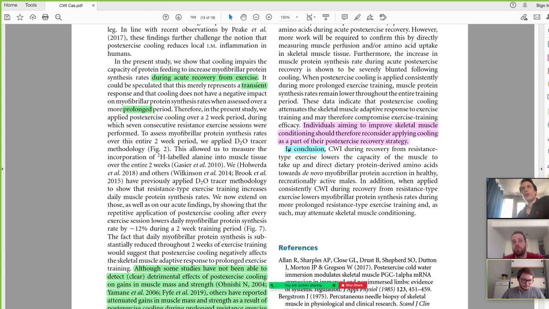So with regards to the conclusion, what I see a lot of students do is they write their results. But a conclusion should be a generalizable statement. So here, Cas basically says that we believe that cold water immersion does this and this and this. He doesn't say, we observed that cold water immersion in our study did this and this.